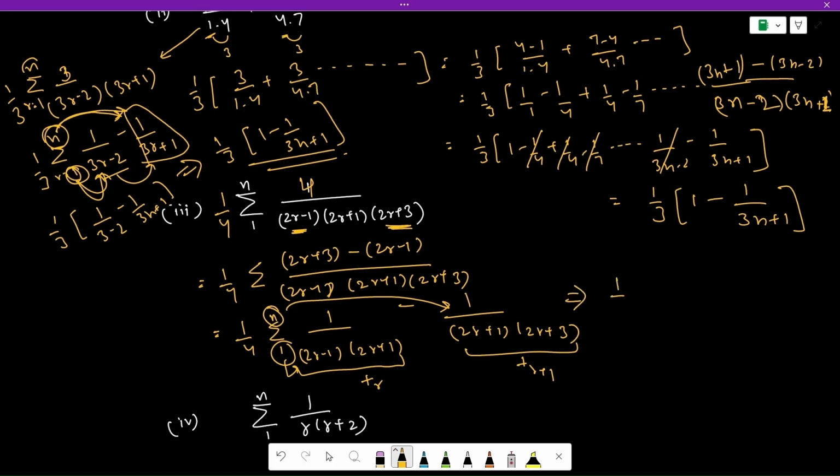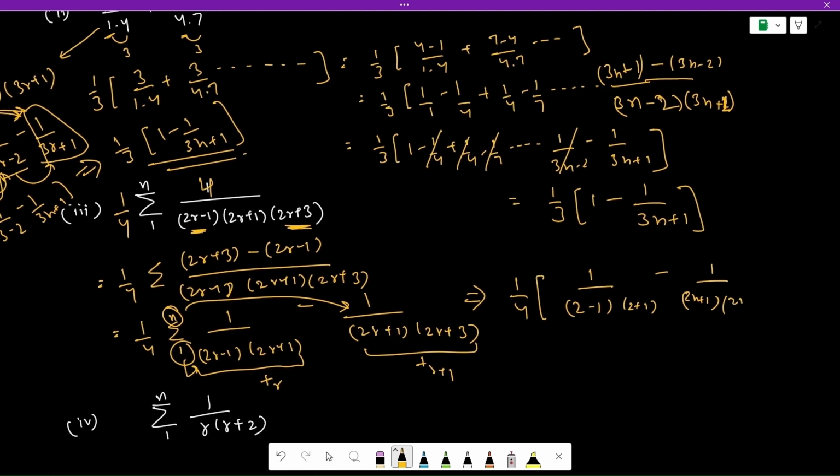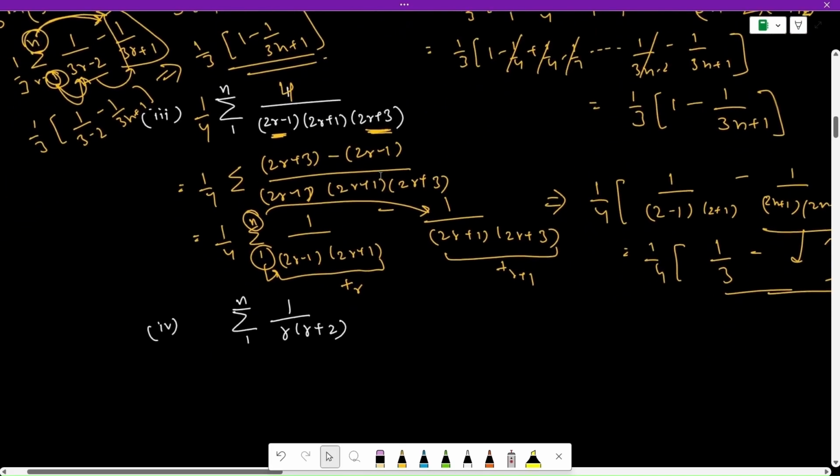So finally we get 1/4 into (1/((2−1)(2+1)) − 1/((2n+1)(2n+3))). So this is equal to 1/4 into (1/3 − this term). So this is the final answer.